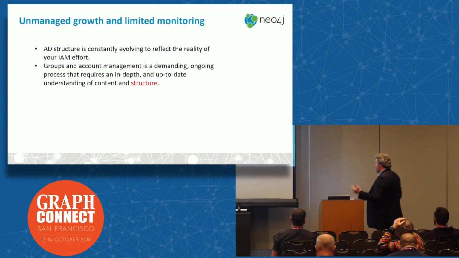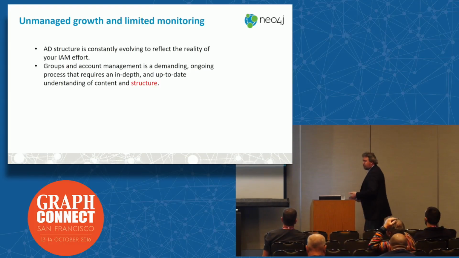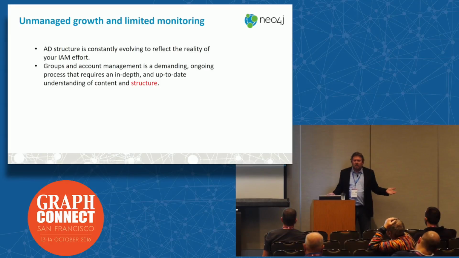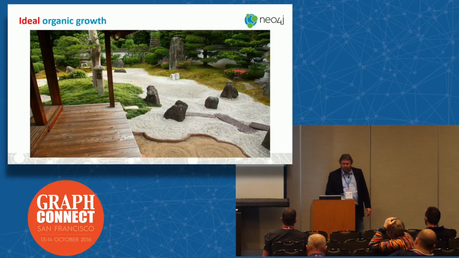So somebody might say, what do you mean the structure of Active Directory? Isn't the structure of an Active Directory just a bunch of hierarchies? It's just a tree. Why do you need to call on me if it's just a tree? Well, we'll talk about that.